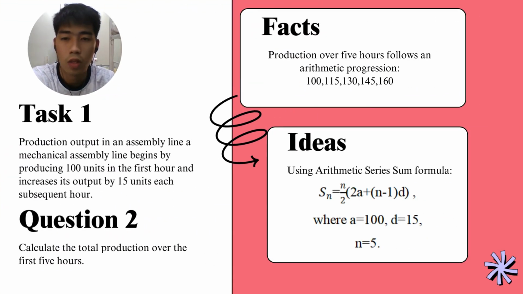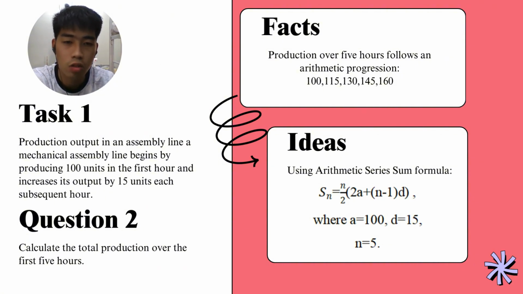Next will be our test 1 question 2, to calculate the total production over the first 5 hours. The fact is production over 5 hours follows an arithmetic progression, which is 100, 115, 130, 145, and 160.